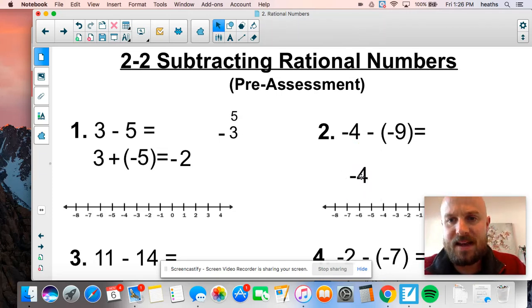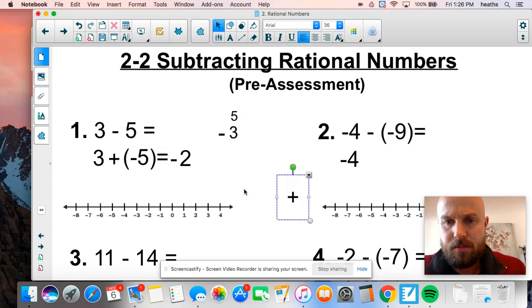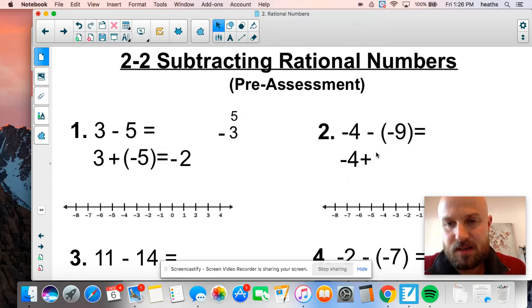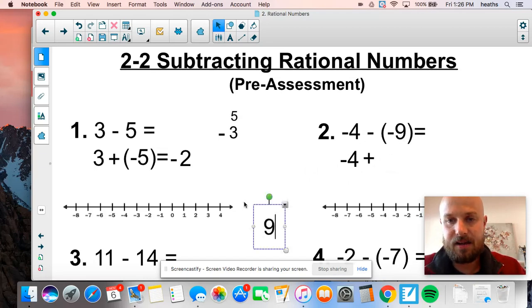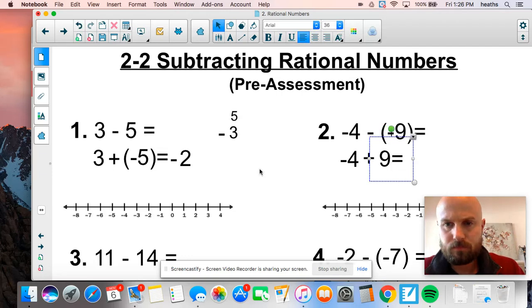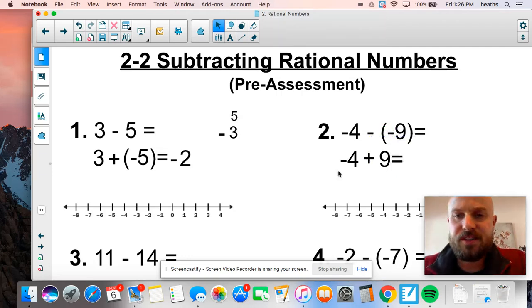Moving on to number 2. Negative 4 minus a negative 9. I'm going to rewrite our negative 4. Remember, we're adding the opposite. Plus, and the opposite of negative 9 is positive 9. So our new problem is negative 4 plus 9. Notice that each of these numbers have different signs.